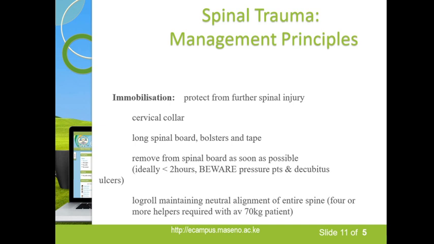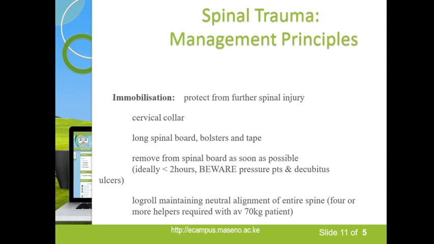Now, immobilization usually helps to protect the spine from further injury. So immobilization can be done using a cervical collar, using a long cervical or spinal board, bolsters and tapes. And usually it is important to remove it as soon as possible, especially when the patient reaches the health facility.